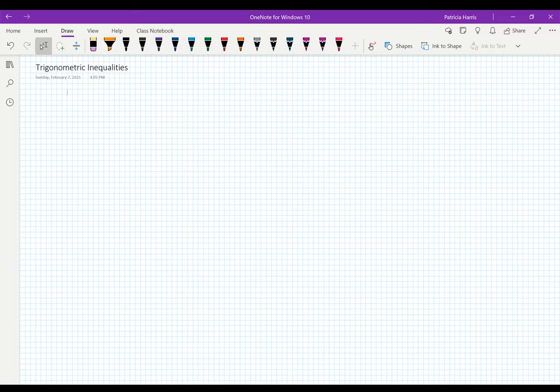But for some of you, you don't like Desmos, and if it's simple, then you can do it by hand. So let's do a couple of simple ones. We want to find out where sine of x is less than or equal to 1/2.